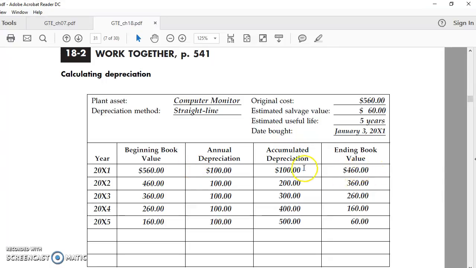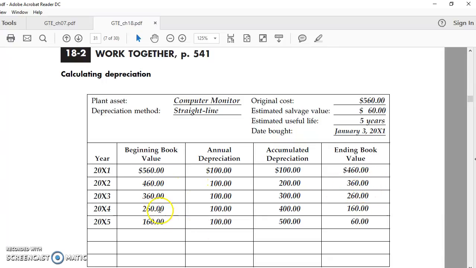Bring this 460 down to the next line. 460 is your beginning book value for 2002. Annual depreciation is straight line, so every year it's going to be straight lined for $100. Accumulated depreciation now is this 100 plus this 100, which is 200. Your ending book value that year is going to be the 460 minus the 100, which is 360.